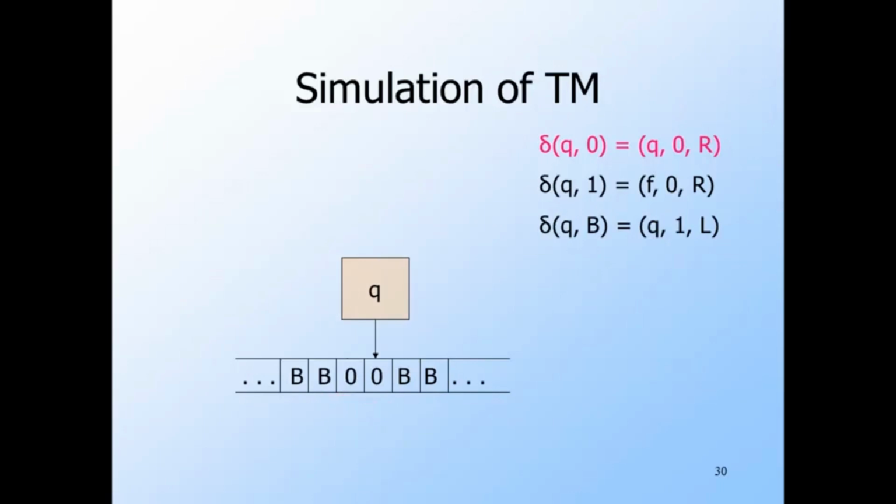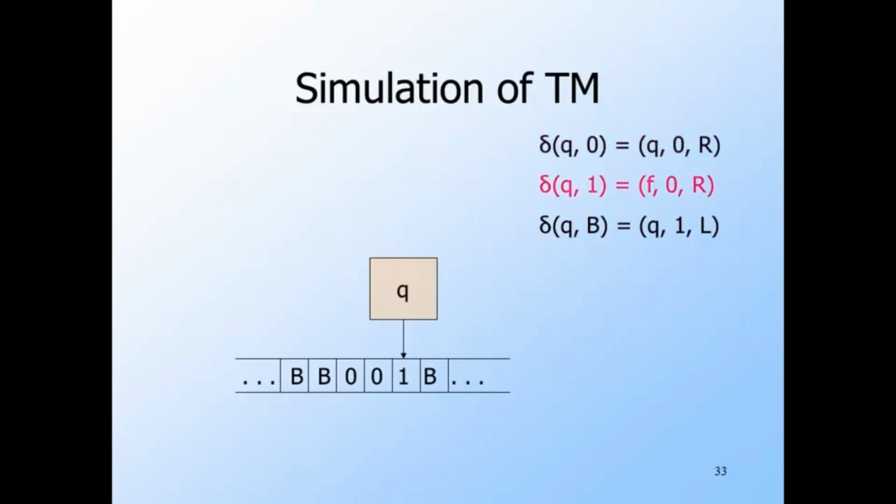Here it's done that, and it is in the same situation, again scanning a 0, so it again moves right. Now it sees a blank on its tape, so another rule is applicable. This rule says to stay in state Q, replace the blank by 1, and move left. So it's made those changes, and the first rule is applicable again. The Turing machine is going to move right while leaving the state and symbol unchanged.